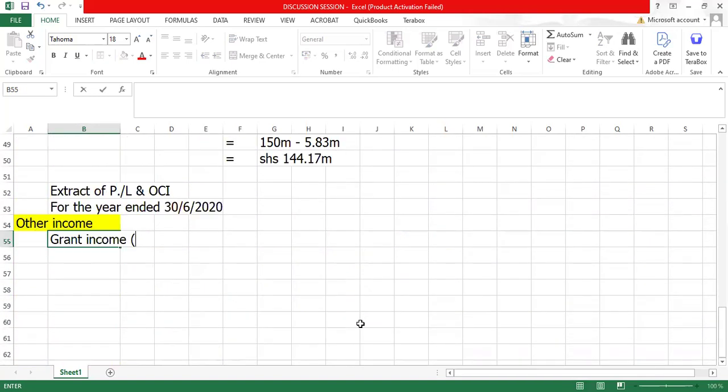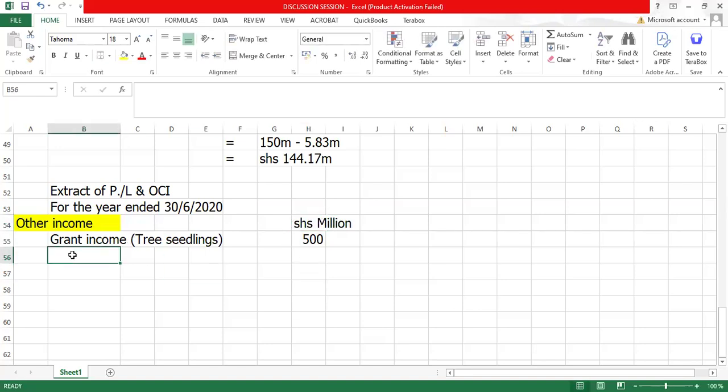You recognize that this was from your biological asset, that is tree seedlings. This was 500 million. You can say shillings in millions.